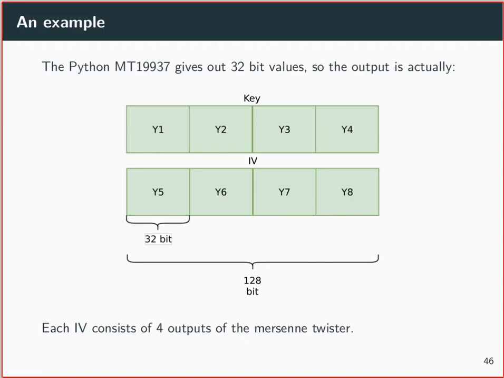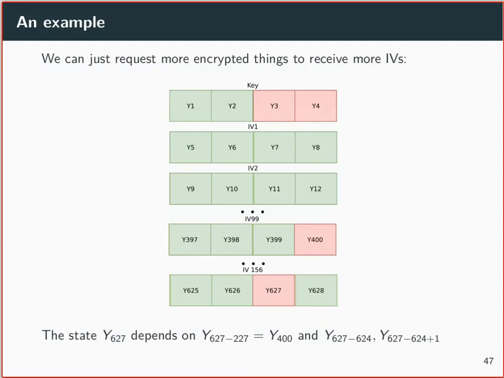So what we actually got were 8 outputs, 4 for the key, 4 for the IV. And these outputs we can revert and calculate the internal states, right? So since we know that a state only depends on 3 numbers, we request more and more IVs until we are at this IV.